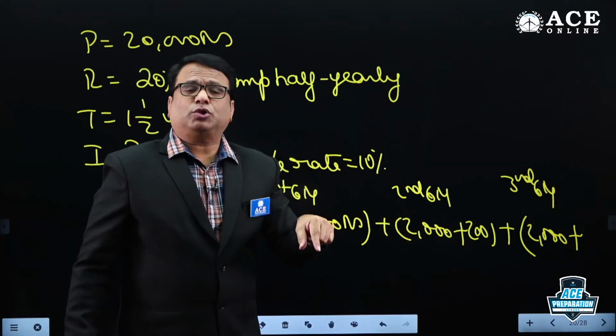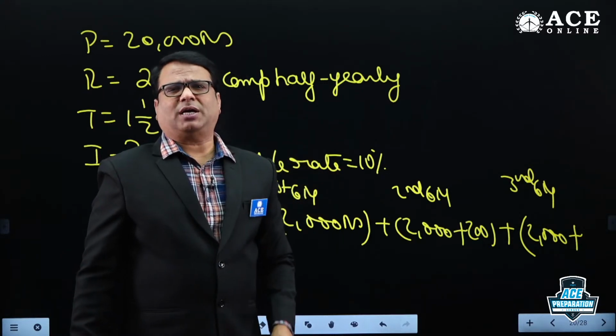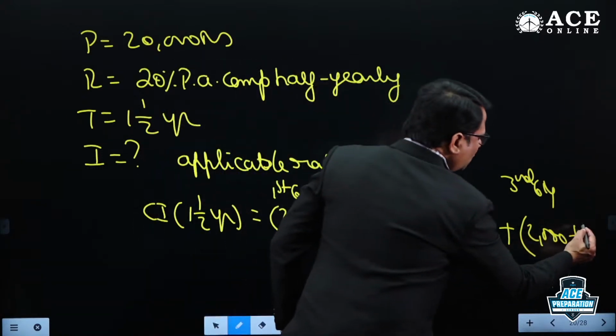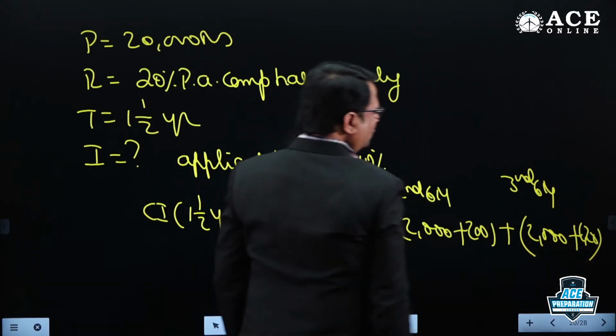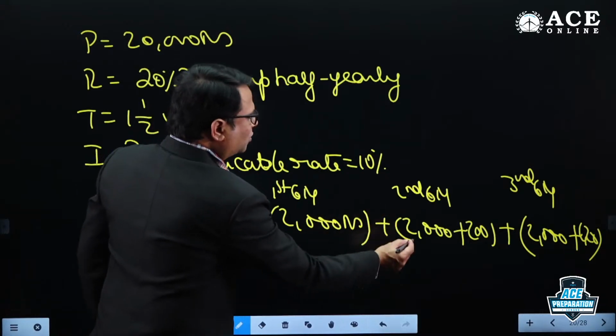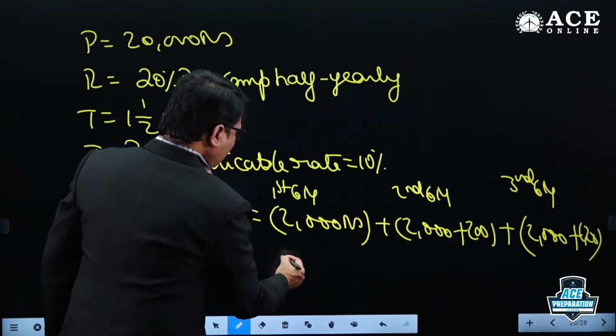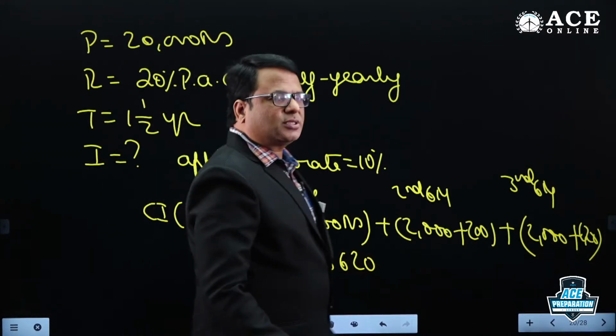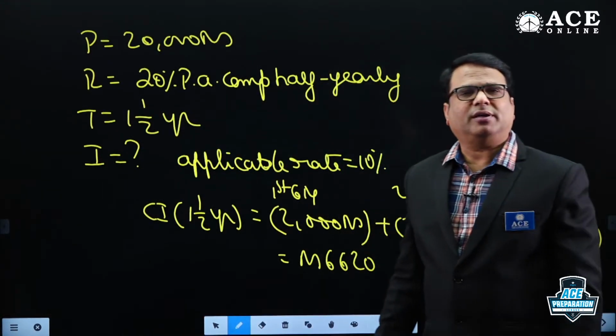On that 4,200 also 10% is charged. And 10% of 4,200 is 420. So 420. So totally how much? 6,620 rupees. So this is the compound interest for 1.5 year.